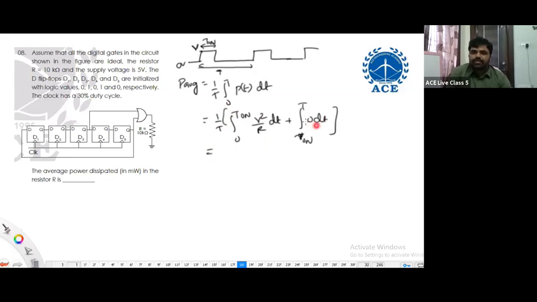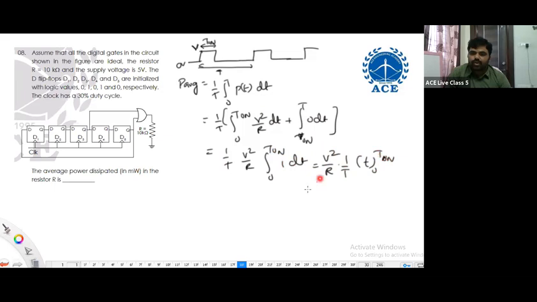So this is 0. Then 1 by T, V square by R is constant, integral 0 to T on of 1 dt. What is that? V square by R into 1 by T, integral 1 is T, from 0 to T on.